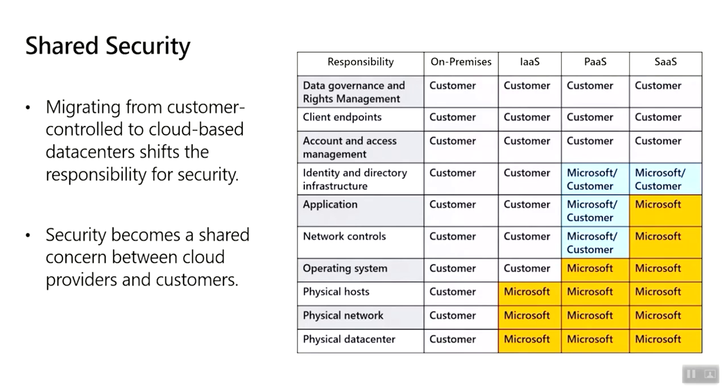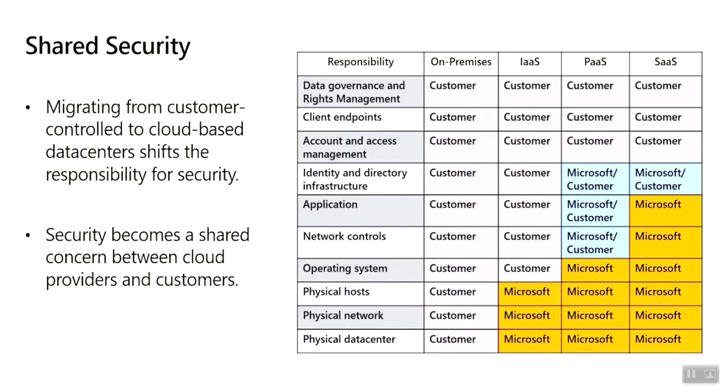But because you're not building out the entire infrastructure, you're doing more of that point and click or running automated scripts, you're able to bring very secure systems up and down and scale them as needed. But you'll notice the application protection, it's actually a shared responsibility. So it's not a full pass off to Microsoft. Whereas with the operating system, yes, PaaS, you're no longer worried about the underlying operating system. But you do still have some shared responsibility with the network, the application, and the identity and access.